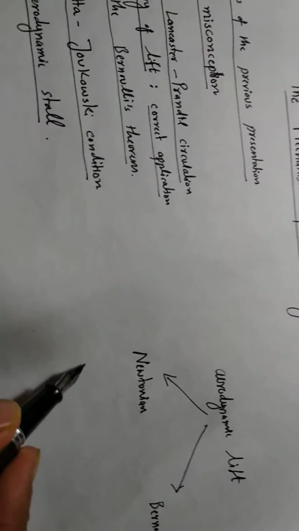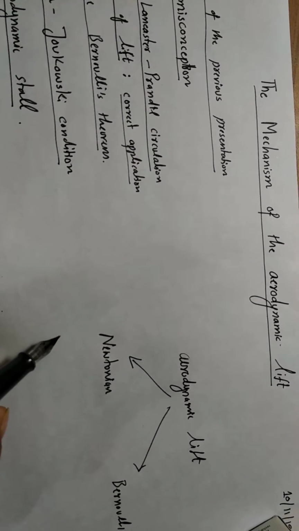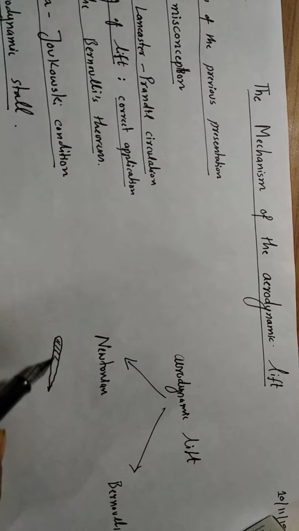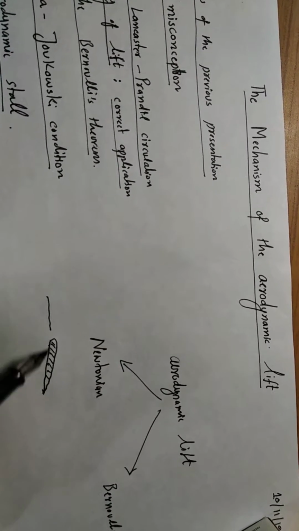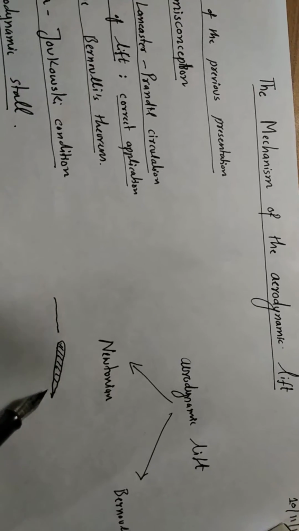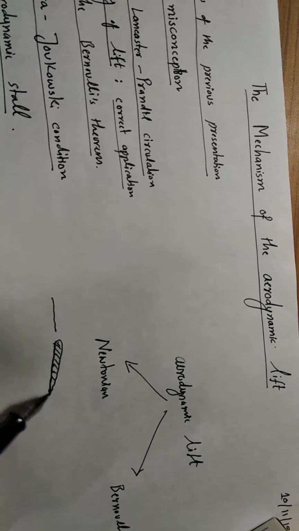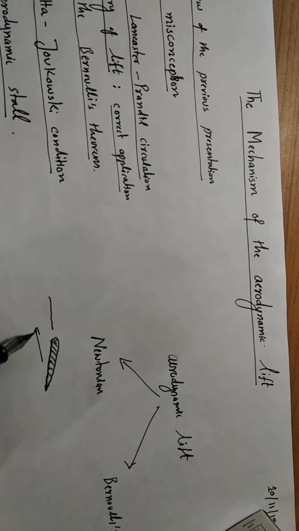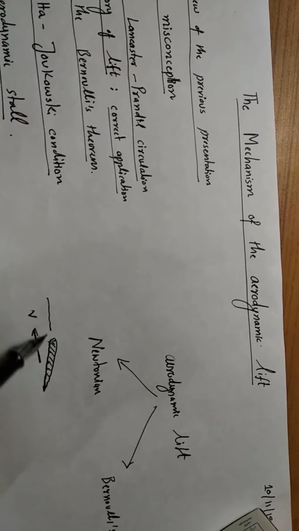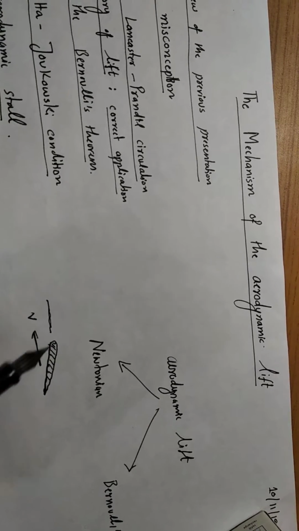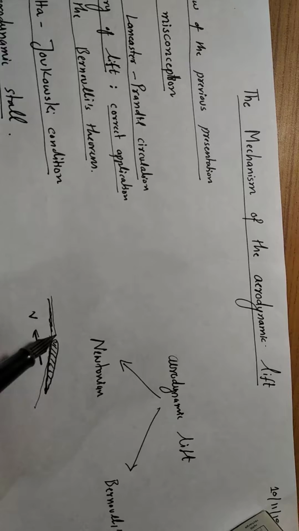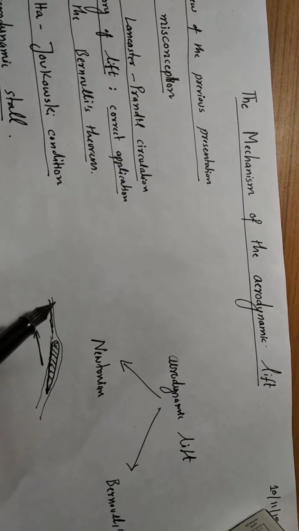So in the Newtonian way, one argues that the airfoil actually deflects the air in the downward direction. So if this is the wing from a side view, and suppose that the aeroplane is moving in this direction with some velocity v, what happens is that the air is bent. Actually, the airstream is bent downward because of the angle of attack.